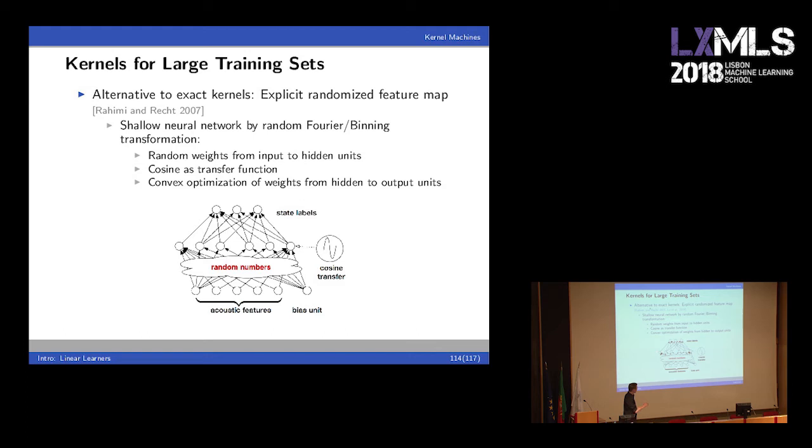And you can do this by convex optimization. And these models work just as well as convolutional neural networks for speech recognition. That doesn't mean they are any better, just that there are other ways of introducing nonlinearity in your linear models that are less costly than training a neural network, namely this work by Rahimi and Recht.